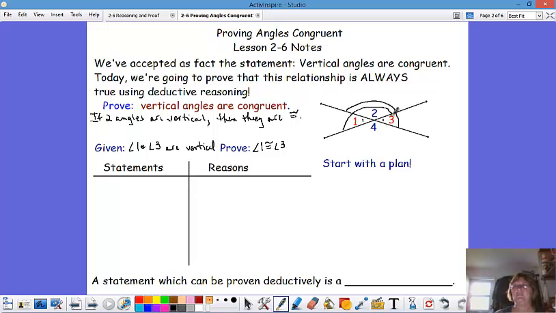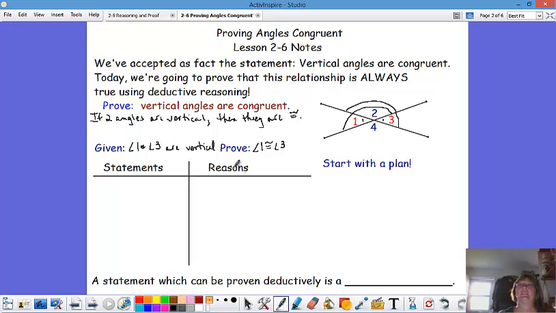That's going to be our plan. We're going to use angle addition, the fact that the sums of the two angles have to be equal to each other. Then we will subtract out the common angle, angle 2, and then we'll be right where we want to be, saying that angles 1 and 3 have to be congruent.